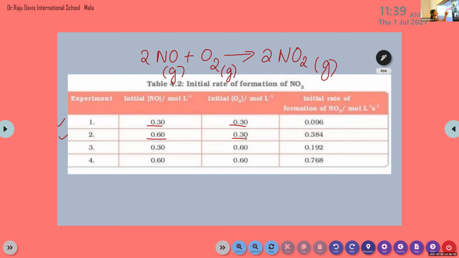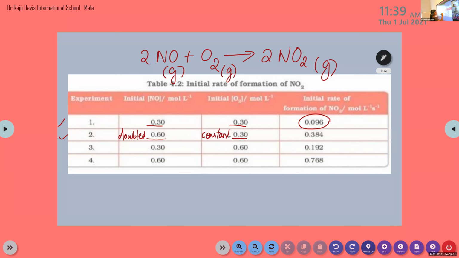Then you look at the difference between the rate of the chemical reaction. In the first case, the value is 0.096. Okay? And when you change the concentration of NO to double, here it is 0.30, the concentration is doubled, and in this case, it's constant.